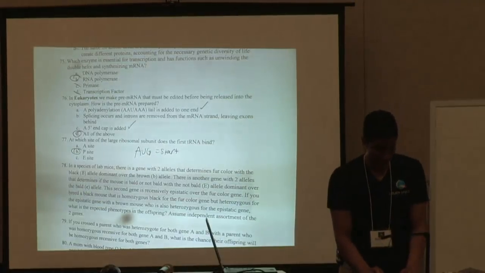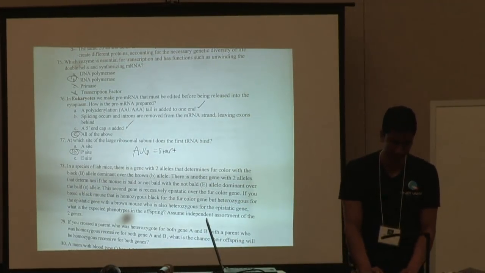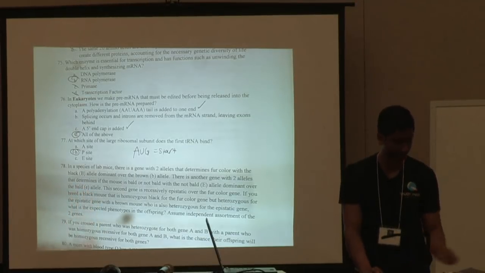All right, 78. In a species of lab mice, there is a gene with 2 alleles that determines fur color, with the black allele dominant over the brown allele.